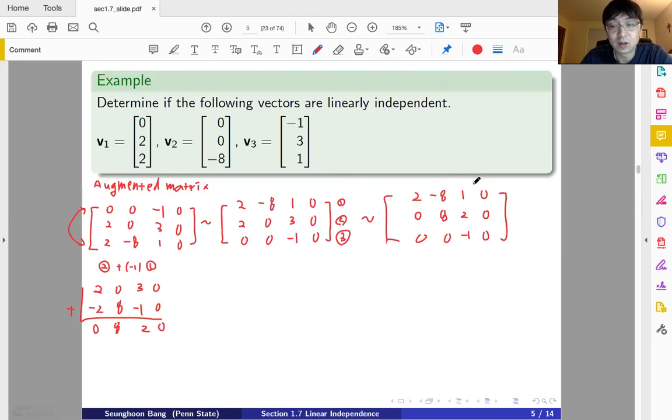Excluding the constant part, think about the first three columns. The first row has a pivot. Second row has a pivot. The third row has a pivot. What does it mean? We don't have a free variable.